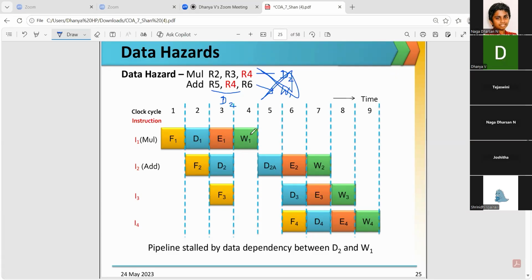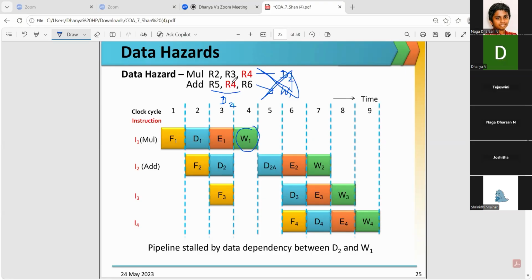See, this W1 is only writing this R4 part, no? Did we all get it? So this is your executing R2 plus R3, and then you are writing it to R4. That is your W1 case. Now the add is an I2 instruction. So when you're decoding R4 plus R5, that is your D2 case.